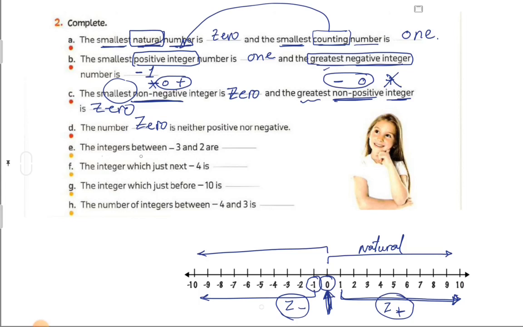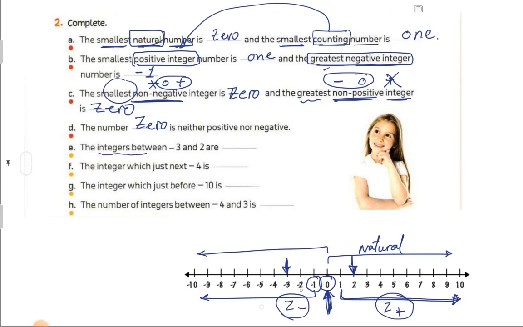The integers between negative 3 and 2. Where is negative 3? Here. Negative 3 and 2. What are the integers between them?